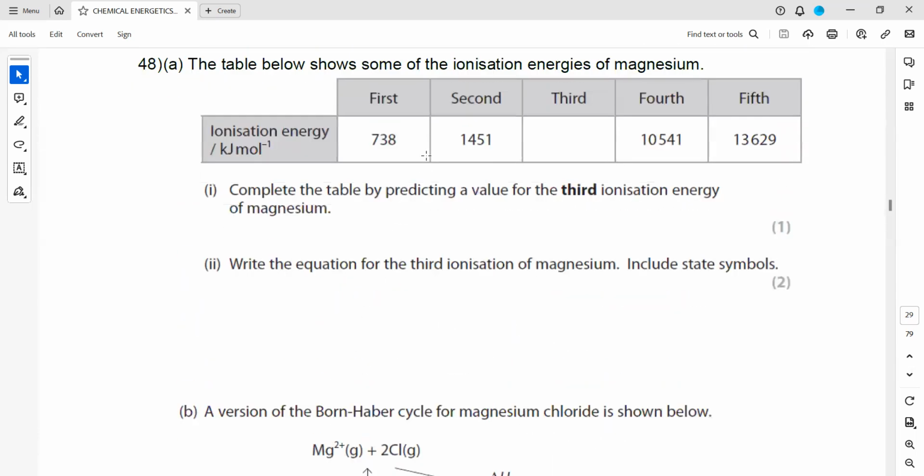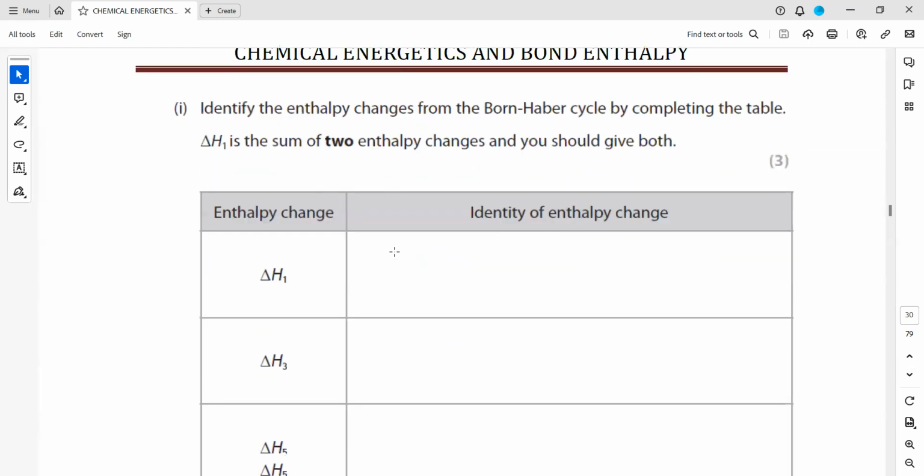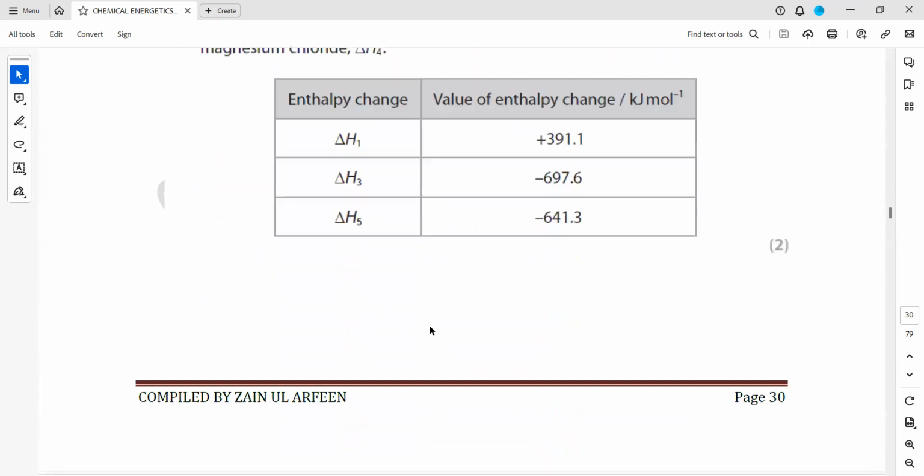The first ionization is this, the second ionization is this. So to get delta H2, we simply add them. You just have to add the first and the second ionization, you'll get delta H2. And then for delta H4, you can make the equation using Hess's law, and work out delta H4 from that.